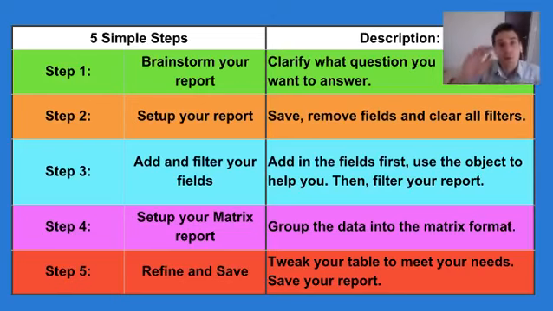In step 4, we then group our information into a matrix format. We don't do that at the beginning. We actually do that in step 4. And then step 5 is where we actually refine this report in a matrix format. And so those are the 5 steps we are going to take. Let's begin with step number 1.